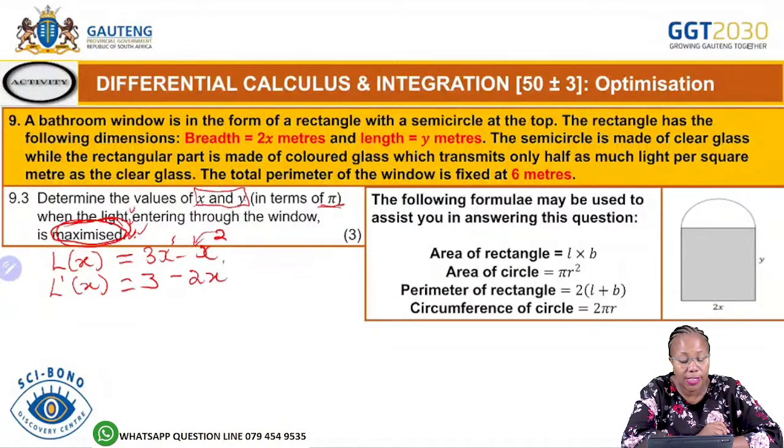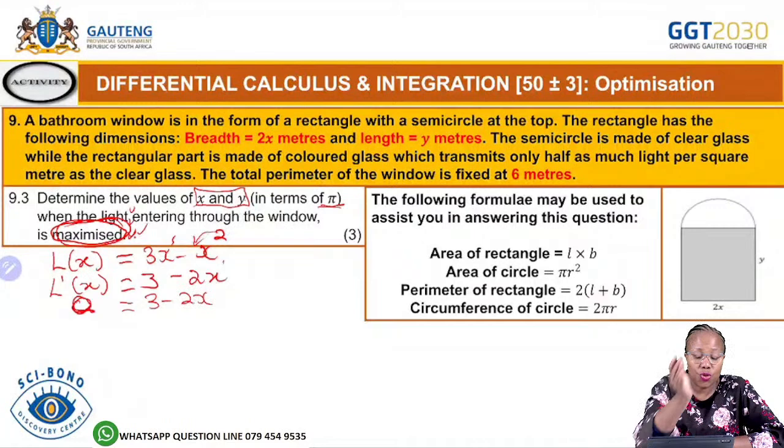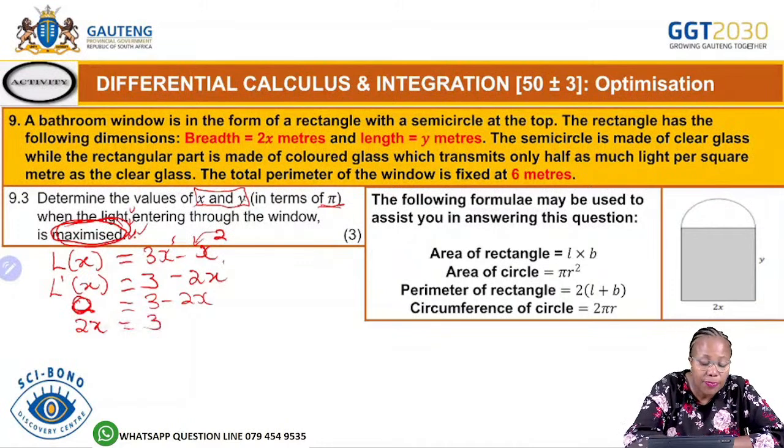That is the derivative, right? And then now, because we are looking for x, as we are doing stationary points, we let this equal to 0. And then we have 3 minus 2x equals 0. Moving the 2x to the other side, it becomes positive 2x, and then we have a 3 remaining on the right. Divide by 2 both sides, then x is 3 over 2. That is the x value.